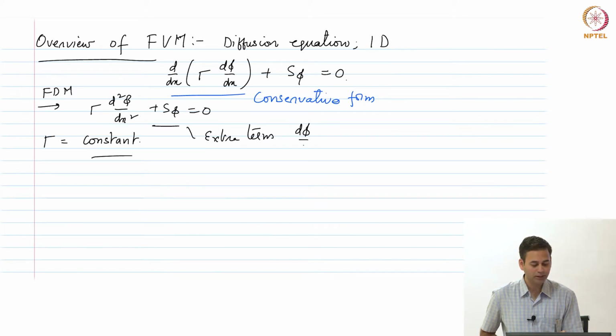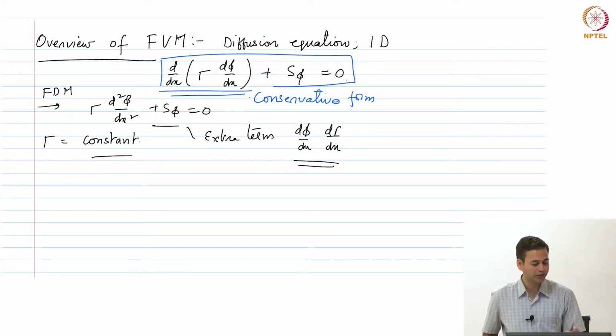That would be d phi dx times d gamma dx. That extra term will be there if you were to write in this form. Having said that, we will not work with the non-conservative form in the finite volume. We will only work with the conservative form as it is written here. We will come back to the discussion on these differences a little later, when we compare the finite difference and the finite volume methods together.